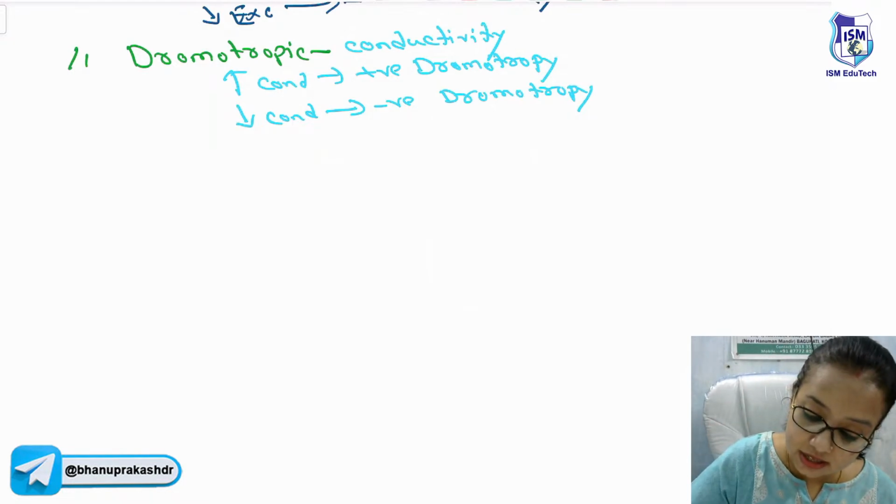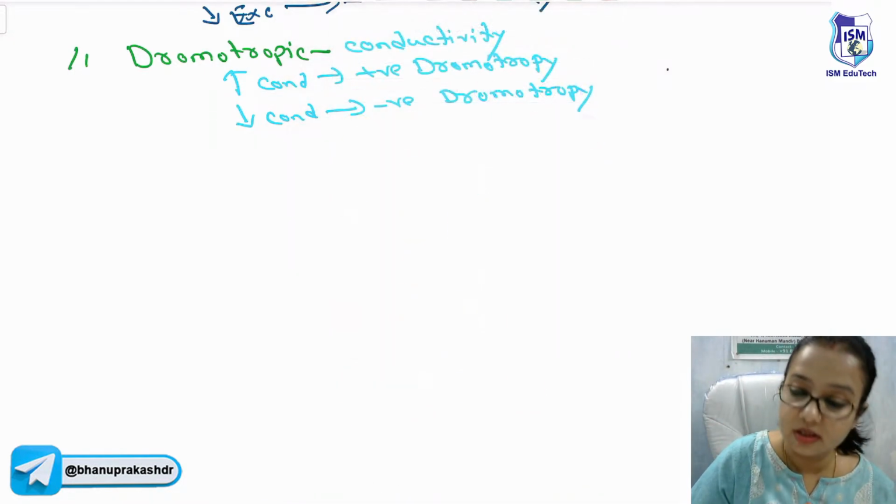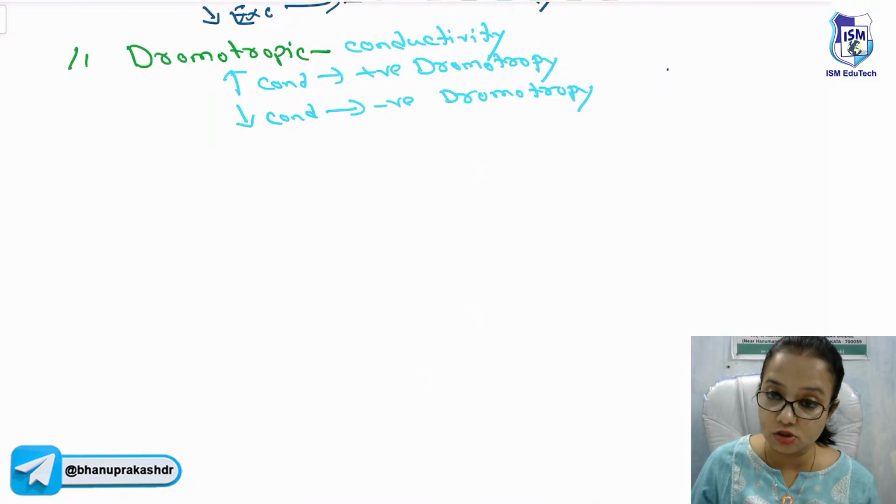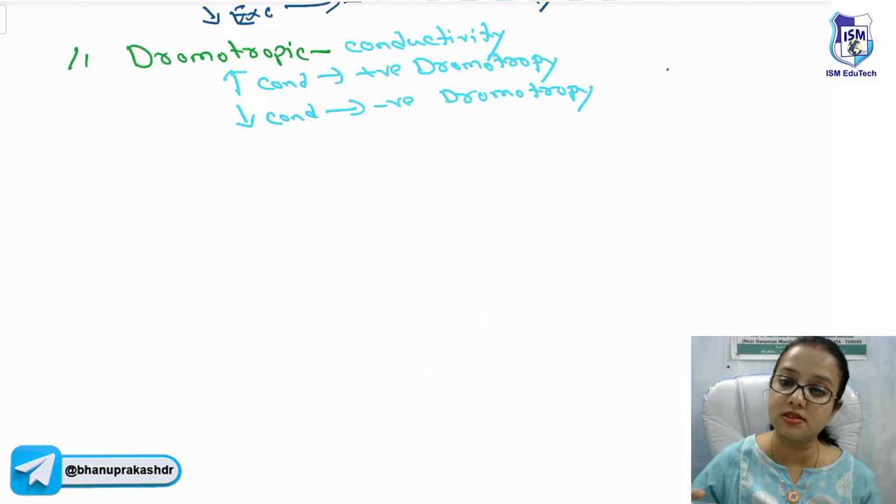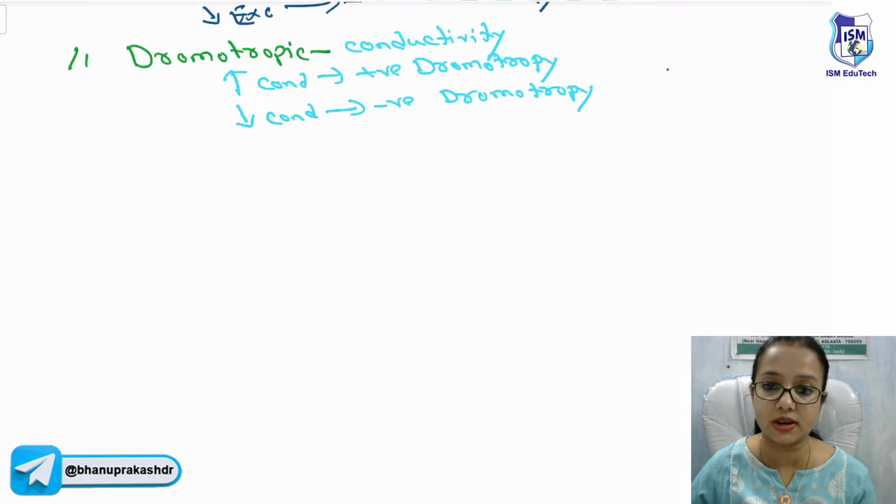Now, there are certain drugs that cause an increase in this inotropy, chronotropy, bathmotropy, dromotropy, and there are certain drugs which decrease all these parameters.